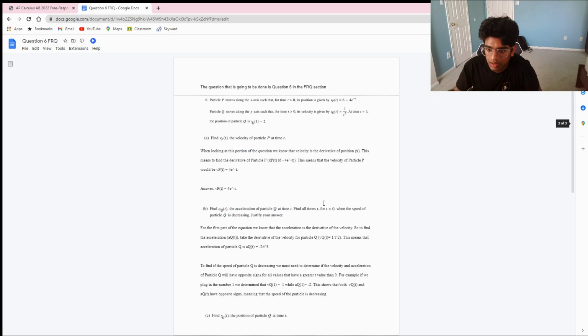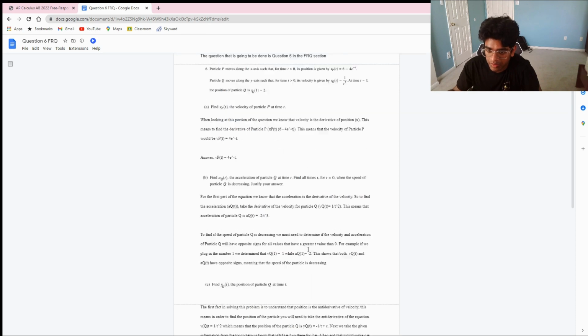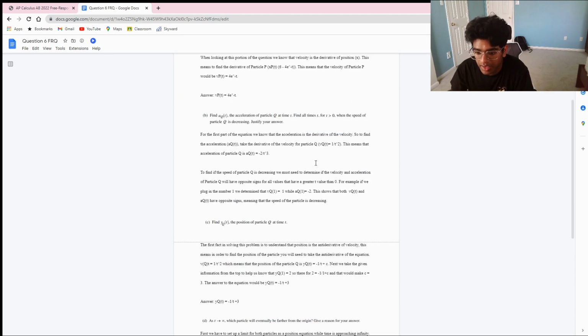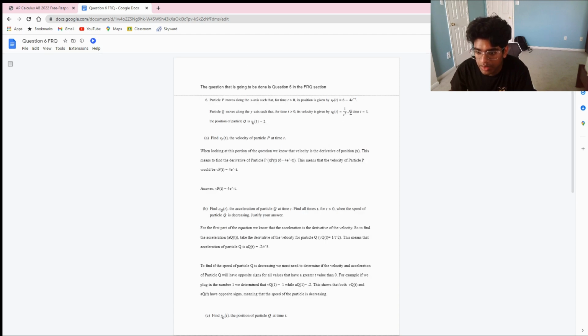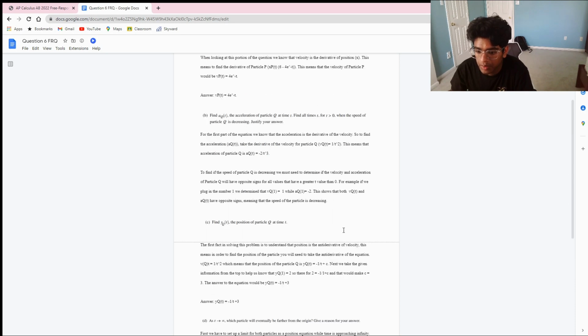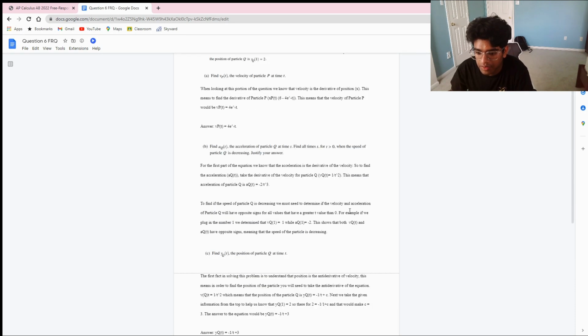So what we have to find is the antiderivative, but it's a little more complicated because we don't know what the constant is, and we have to figure that out. When we first take the antiderivative of 1 over t squared, which is t to the negative second power, we end up with t to the negative first power.